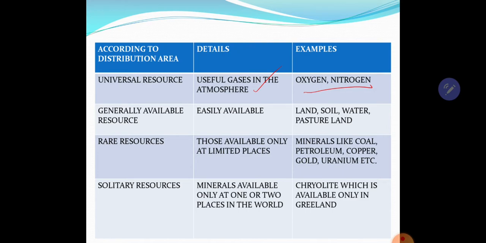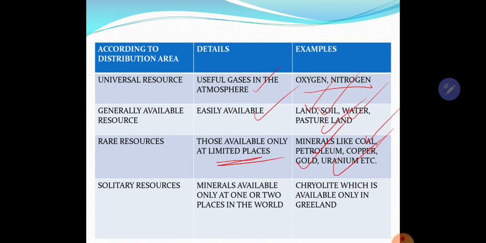They are called universal resources. Generally available resources are easily available anywhere, like land, soil, water, pasture land. Rare resources are those available only at limited places, not everywhere in huge quantity, like coal, petroleum, copper, gold, uranium. And now solitary resources, they are found only at one or two places.